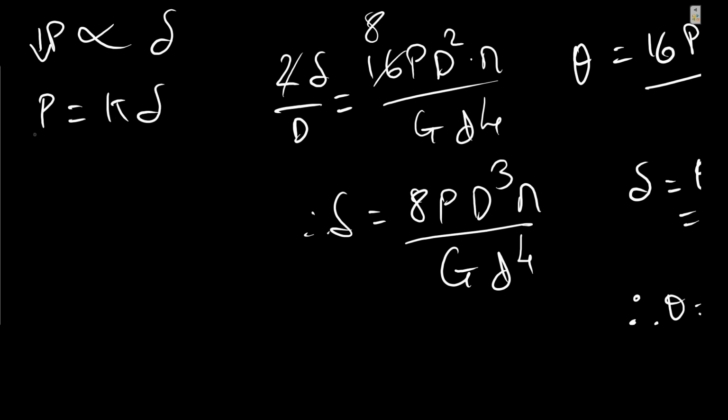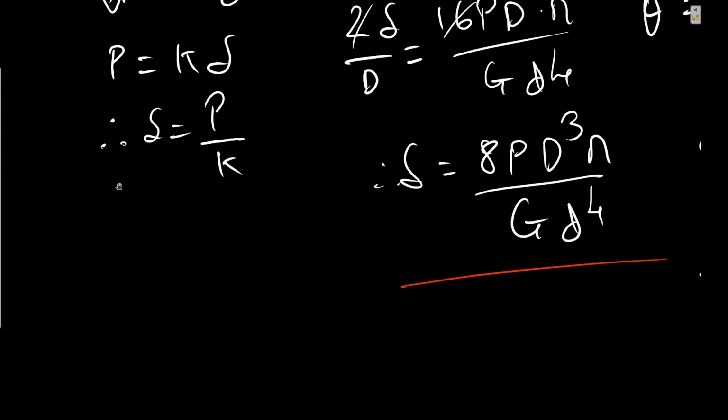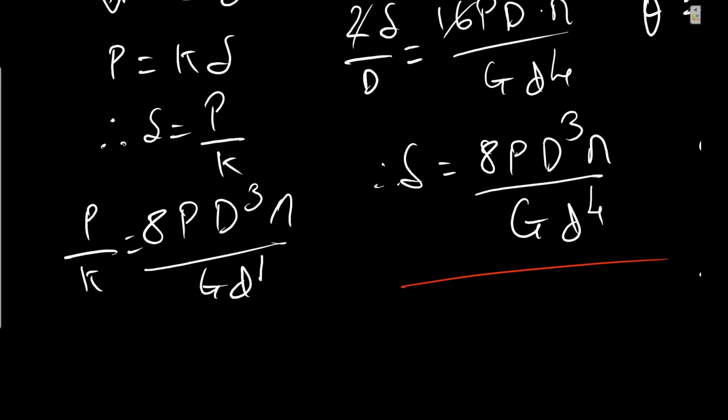So I can substitute this K in this equation for the rate of the spring. Therefore deflection is equal to the force P upon the rate of the spring. So the final equation is going to be P over K equal to 8 P D cubed n by G d raised to 4.